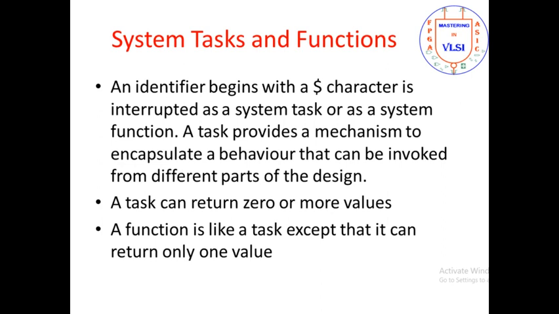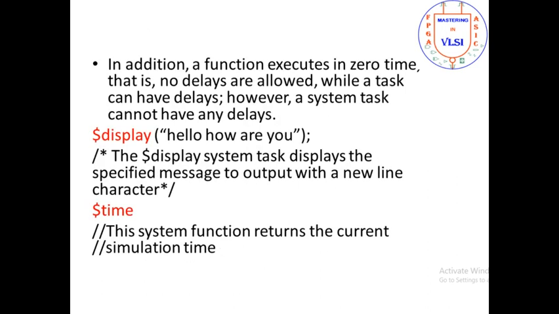A task can return 0 or more values. A function is like a task except that it can return only one value. In addition, a function executes in 0 time, that is, no delays are allowed, while a task can have delays. However, a system task can't have any delays.